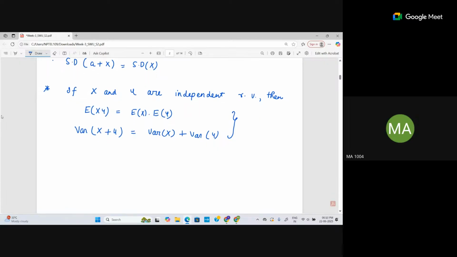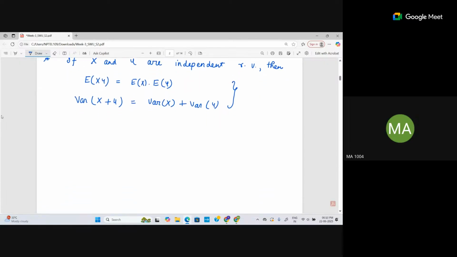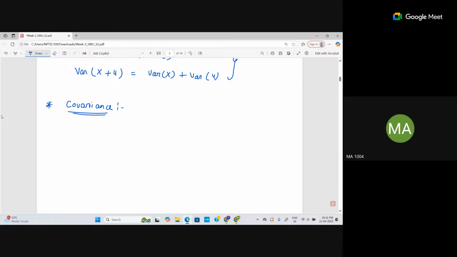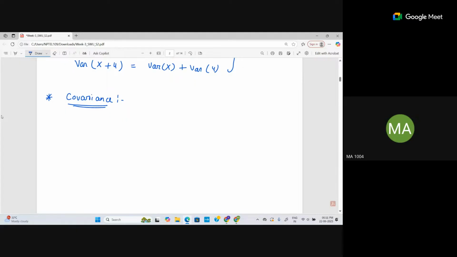Okay, so we have seen expectation and variance. Now next we have seen in this week covariance and correlation. So what is the covariance formula? How do we calculate covariance? Expectation of xy minus expectation of x into expectation of y.